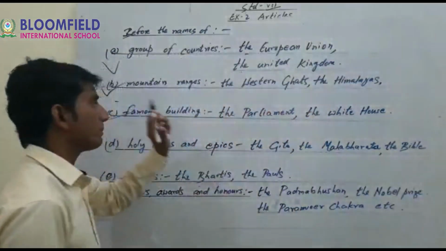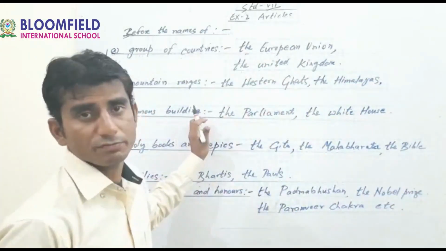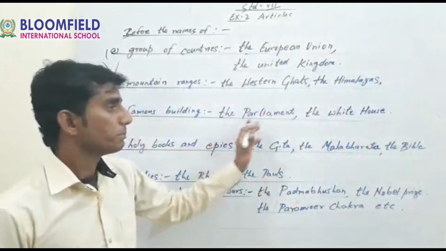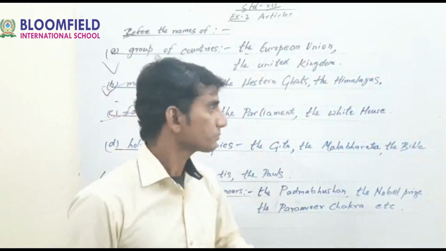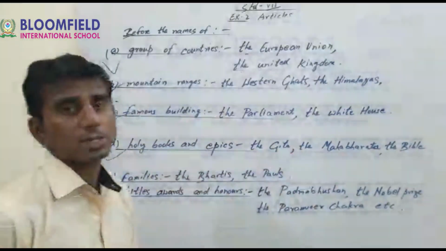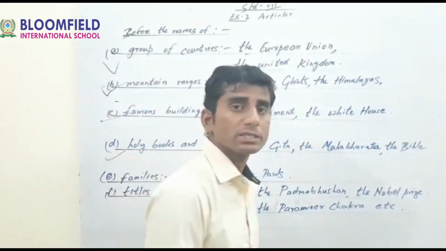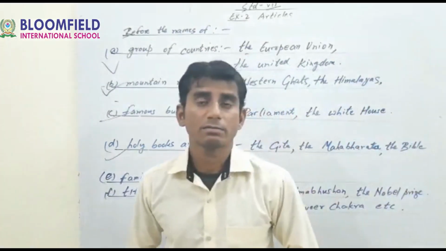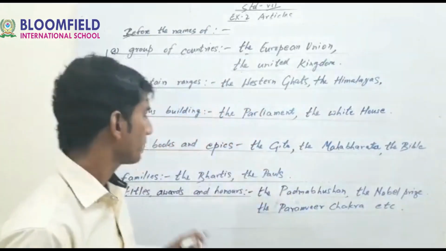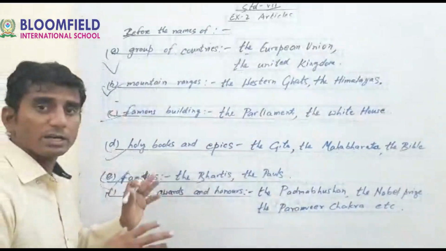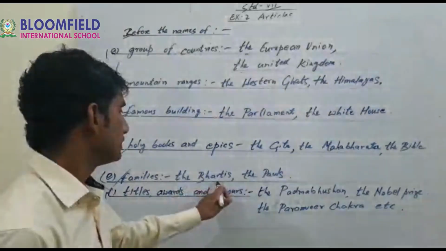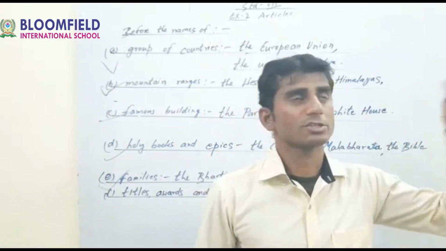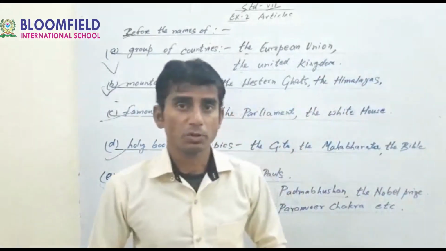Now, famous buildings. Before the names of famous buildings, for example, the White House, the Parliament, etc. Next, holy books and epics: the Bhagavad Gita, the Ramayana, the Bible, the Mahabharata, the Gita, etc. Next, families: the Bhartis, the Pauls, the Kumars, the Singhs are very rich, suppose.